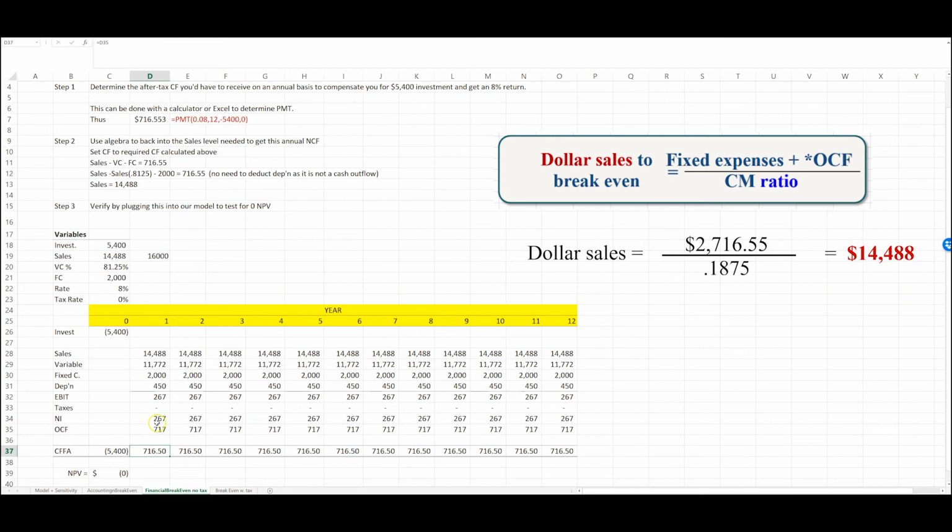That's my operating cash flow. Then, if operating cash flow is equal to net income plus depreciation, or EBIT plus depreciation minus taxes, and if I ignore taxes for now, I can calculate my depreciation and my EBIT. I can add my variable expenses. I can calculate my variable costs based on what my EBIT is, and then that can ultimately lead me to calculate sales by calculating my ratio.